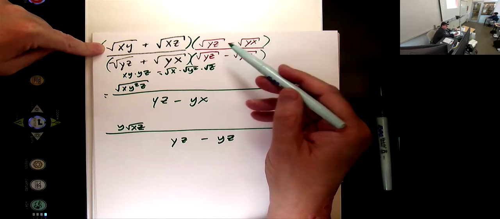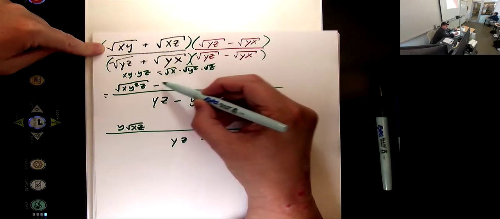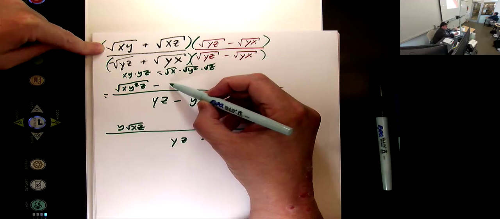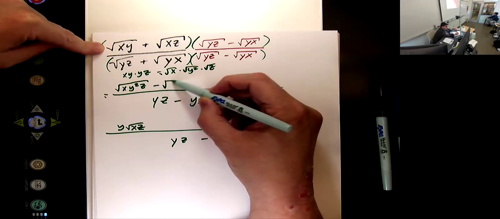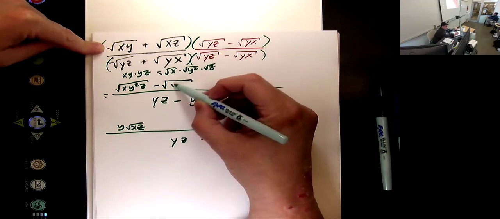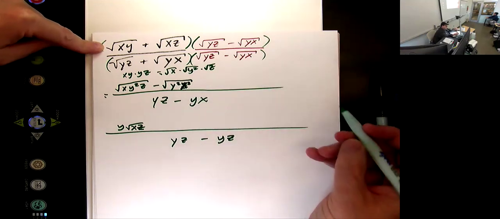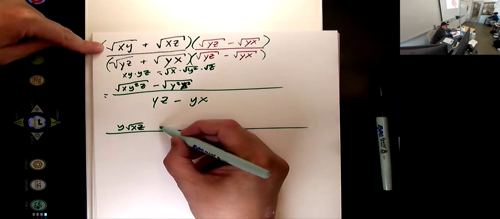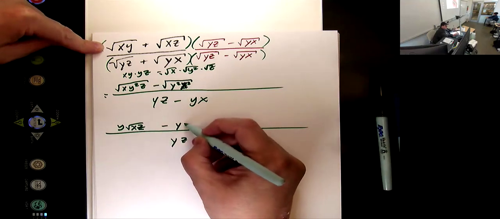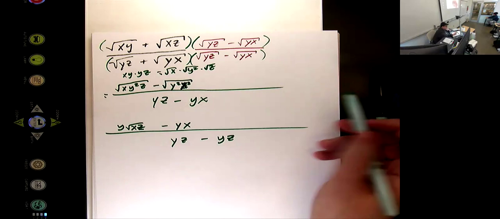XY times YX is what? What goes in the radical? Y squared and X squared. So when we come down here, that's just a Y and an X, or X and Y.